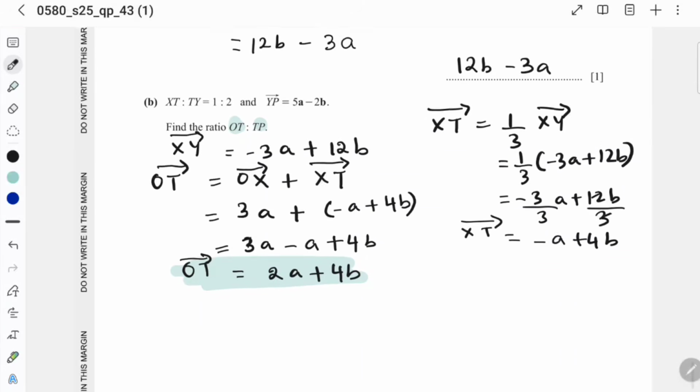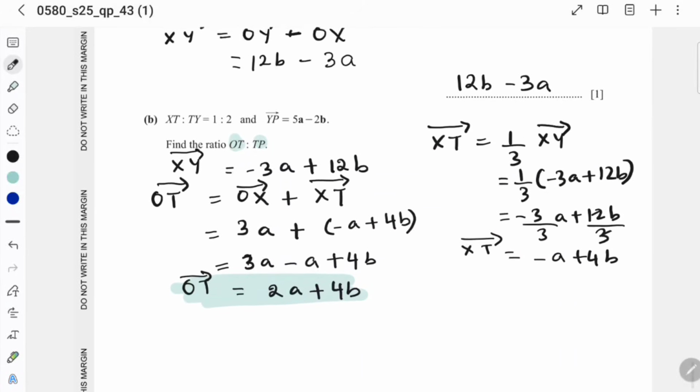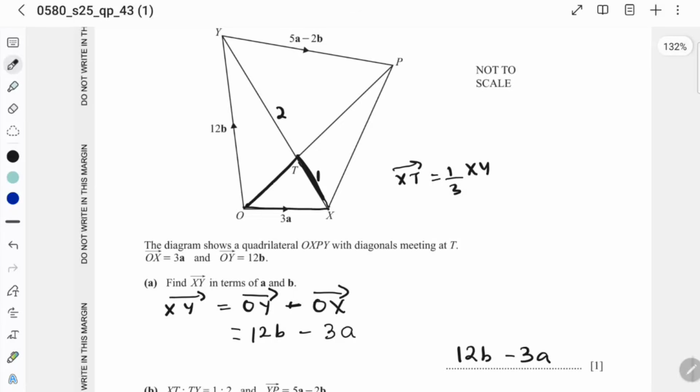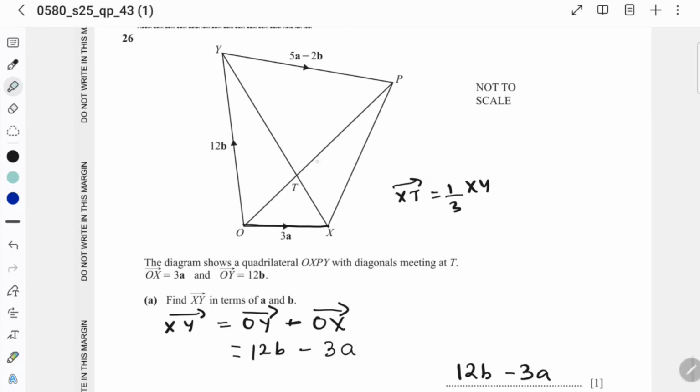For finding TP, just look at the diagram. How can we find out TP? See where TP is, T to P. So we find OP, and we have OT already.